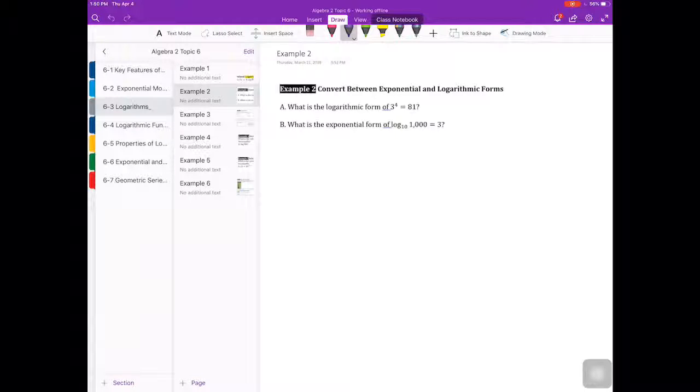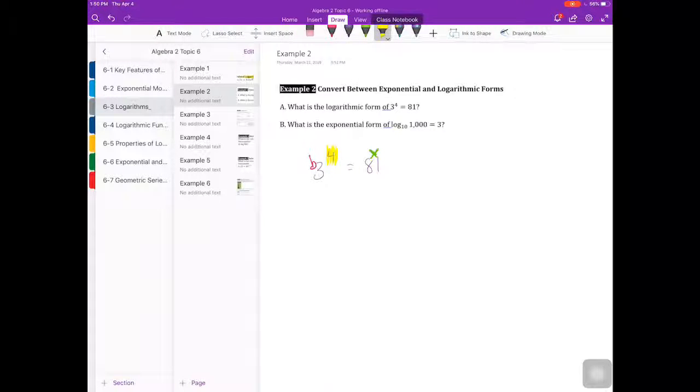Let's practice converting. So the converting of these is, okay, so we've got 3 to the 4 equals 81. So this is our b. This is our x. Whoops, I'm going to put that in a different color. This is our x. And that 4 is our y.